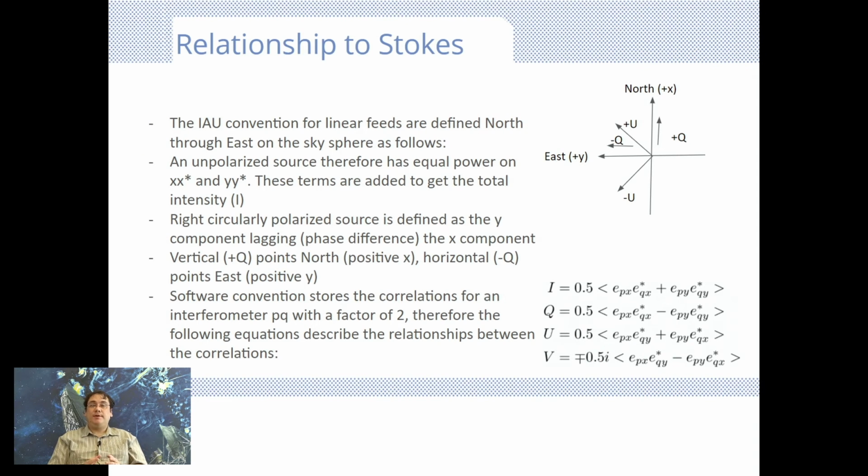So now that we know what effects there are on the signal and how to model them, let's relate our correlated visibilities back to parameters that we might be more familiar with, the Stokes parameters. There are 4 parameters here: the total intensity, I, the horizontal vertical polarization, Q, the 45 or negative 45 polarization mode, Stokes U, and the circular polarization mode, Stokes V. Now, in the IAU convention, Stokes Q points towards the north in our local antenna frame.